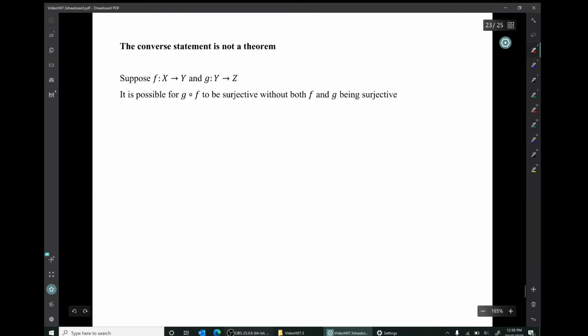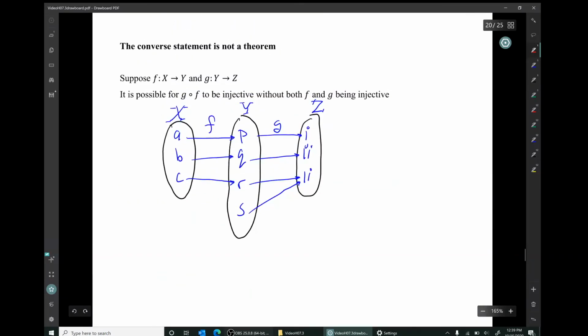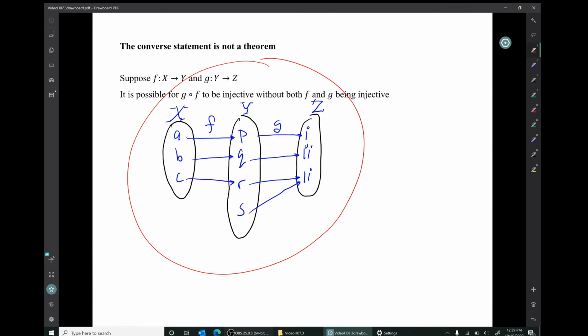Let's go on. The converse statement is not a theorem, though. It's possible for a composition to be surjective without both f and g being surjective. Now, we've actually already seen an illustration of that earlier. Look at this diagram. The composition g composed with f is surjective.